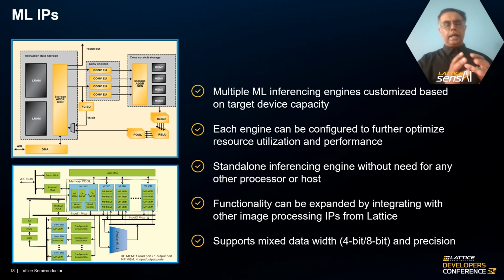Now, the tools and methodology are important. At the same time, the heart of the whole solution is the ML engine, right? The engine that has been tuned and highly optimized for neural network inferencing. That's the core of our technology, which basically enables efficiency.